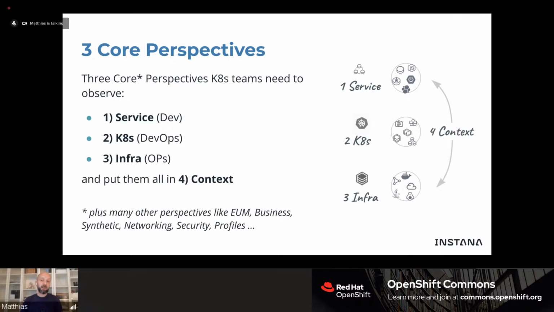But the nice thing about DevOps is that we're not building up walls. We don't want to cut off and say, I don't care about the rest, just give me a host and I'm done with it. We want to combine these. So I think it's also important to share this perspective, share these views, share these metrics, share dashboards between the different organizations. And I'm looking forward to what you guys think.